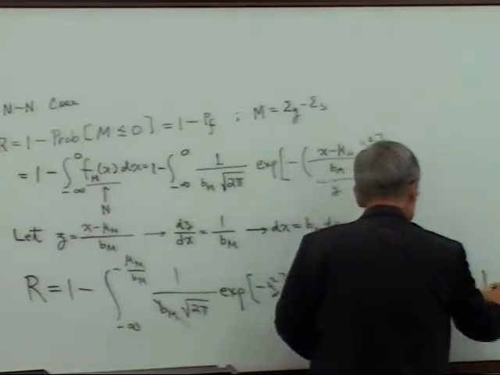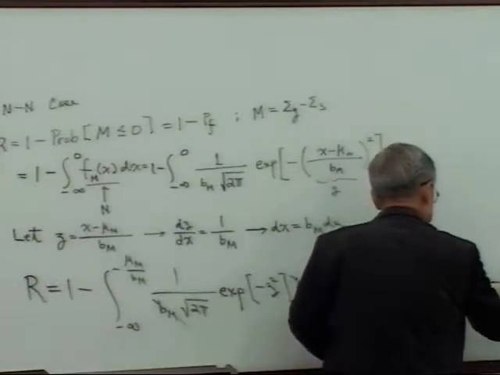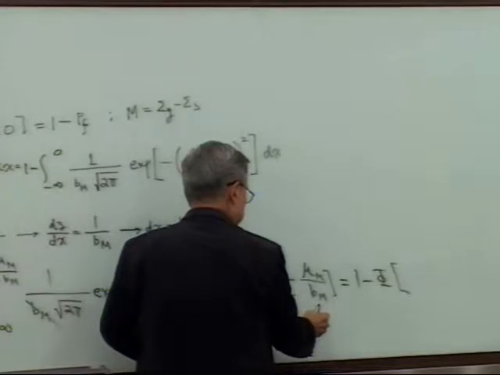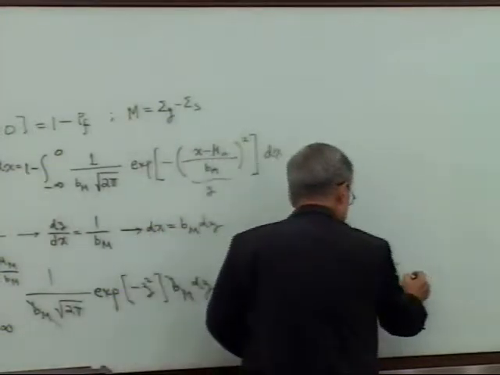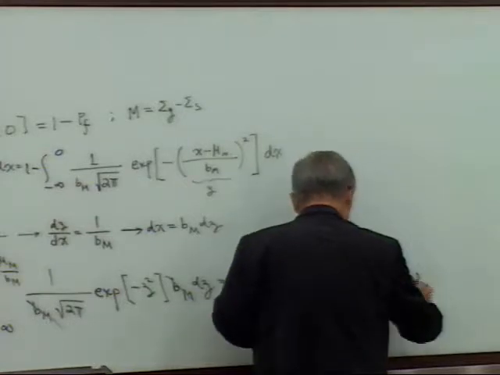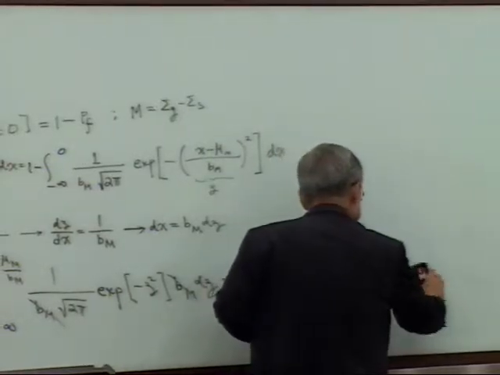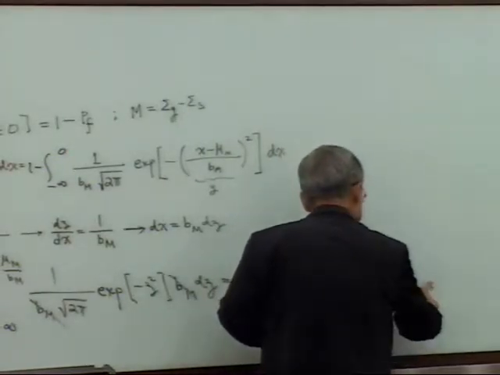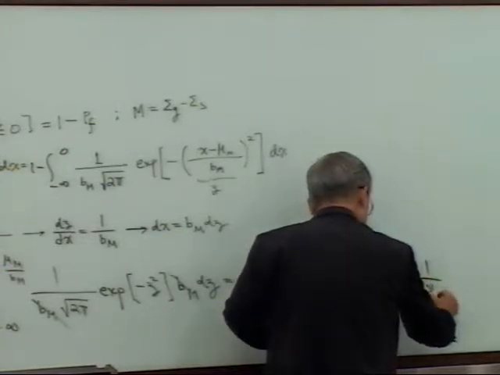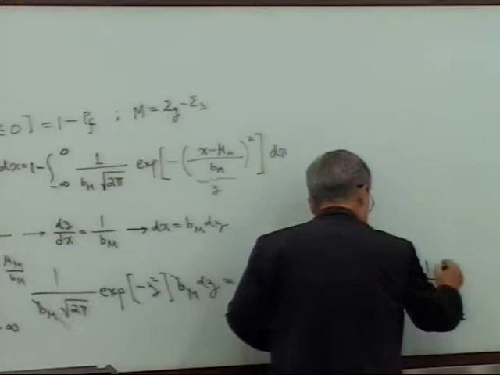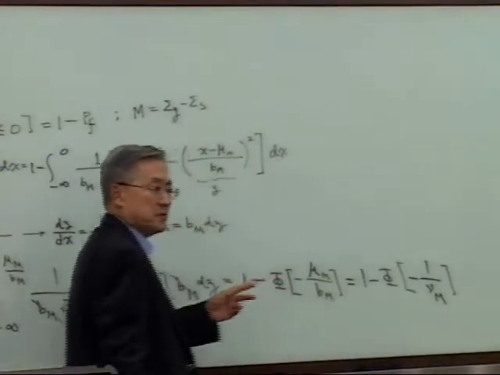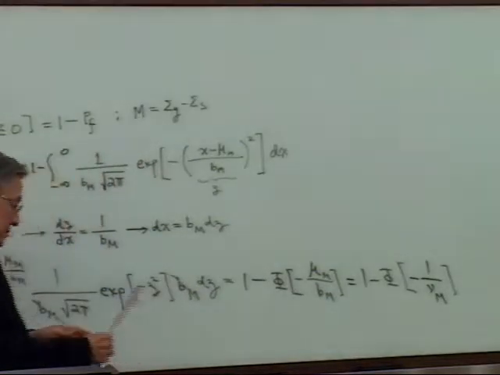This is equal to 1 minus phi of minus mu_M over sigma_M. You can move this down there. Then you can express it as 1 over the coefficient of variation on that one.